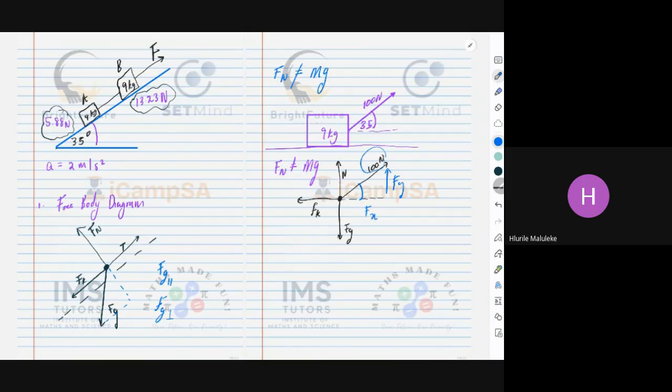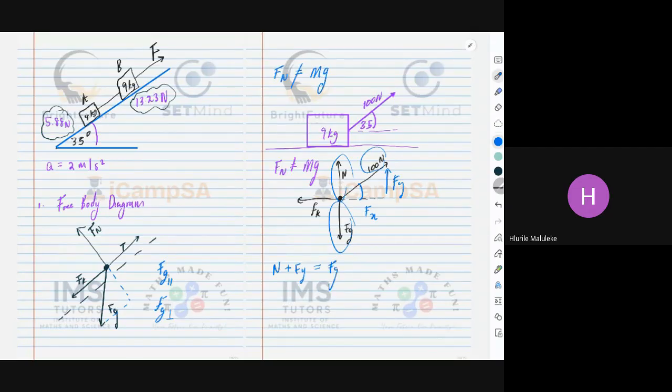Since we want the normal force, you would only use the y forces, not the x forces, which means the vertical forces. Since Fy and N are going in the same direction, let's assume it's positive. So we can say N plus Fy should be equal to Fg.